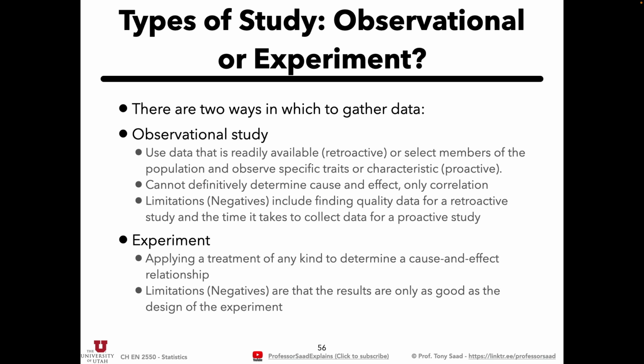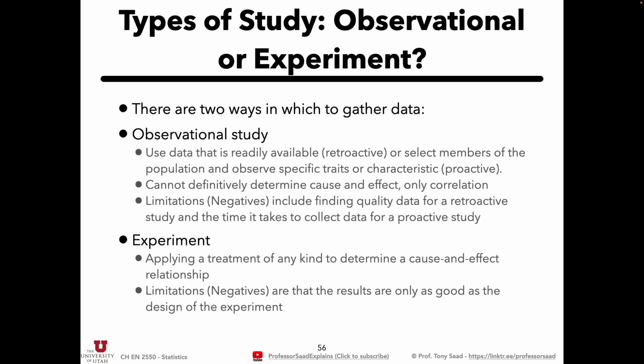So it becomes hard, you're not in control of the study. But what's nice about observational studies is that today you can go on the global data survey and pick any set of data and start analyzing it. There's a lot of data that's already been collected. So that's the advantage of an observational study. It's really cheap. All you have to do is grab the data.